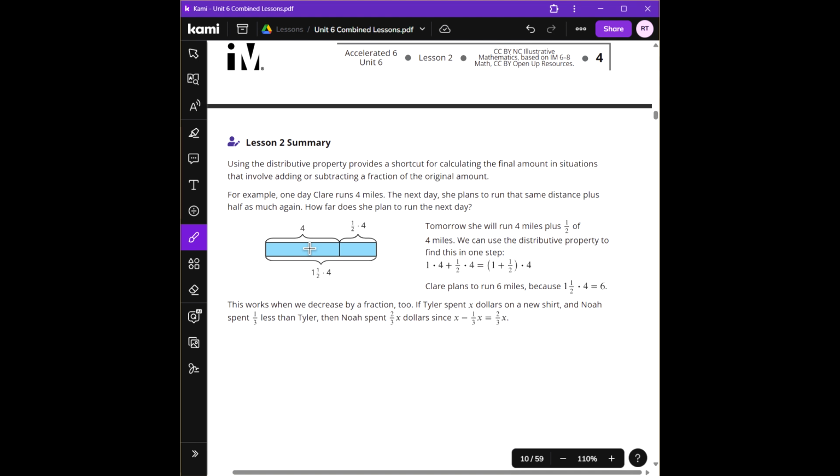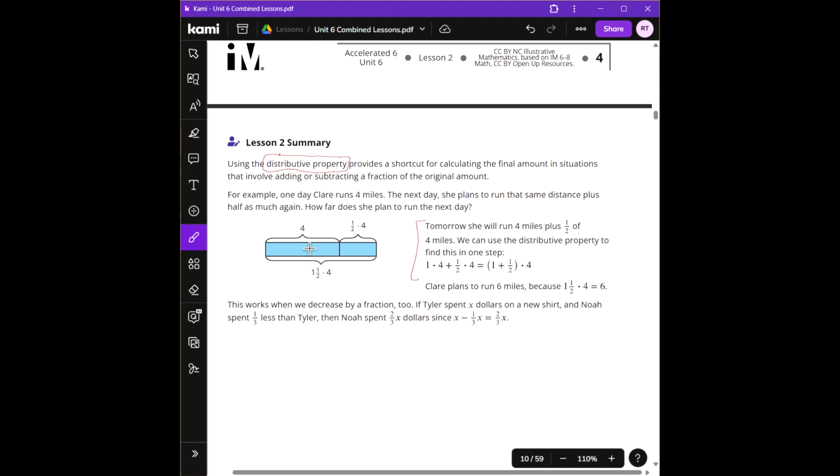Now let's see. Something that is important is the distributive property. That's giving us a shortcut for calculating the final amount. So basically right here is going to be our distributive property.